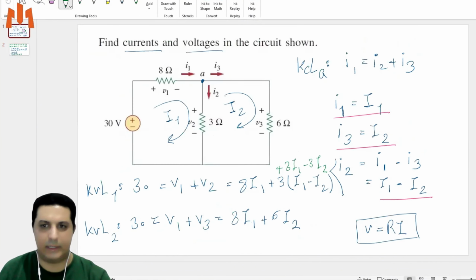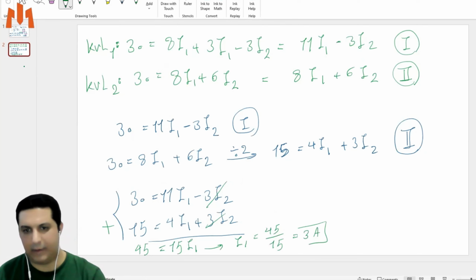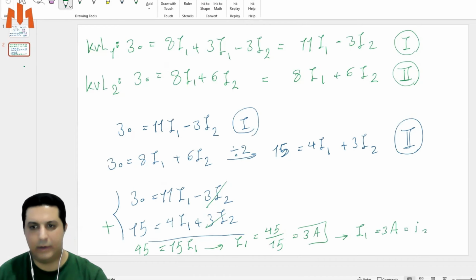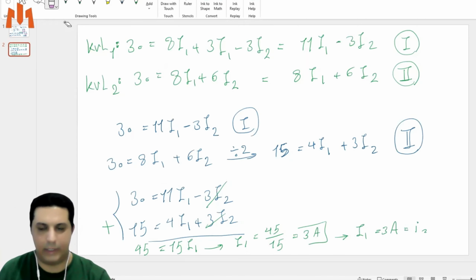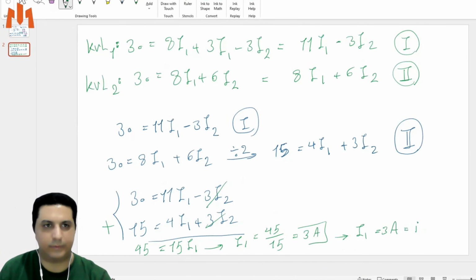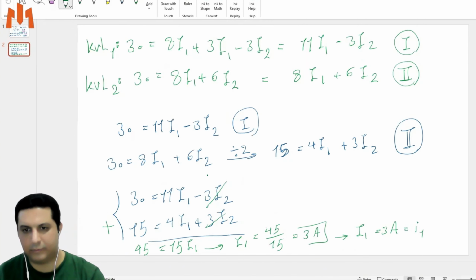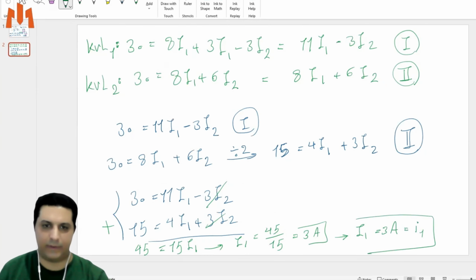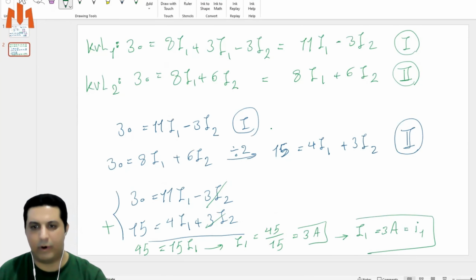And based on this, I1 and I1 are the same, 3 ampere equals I1. This is the first thing.